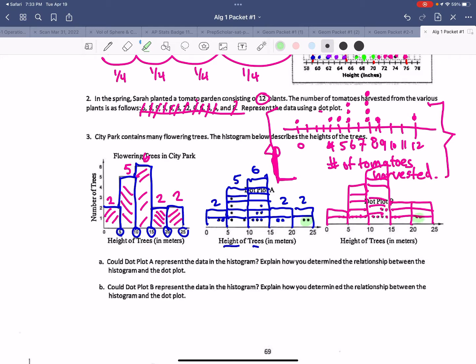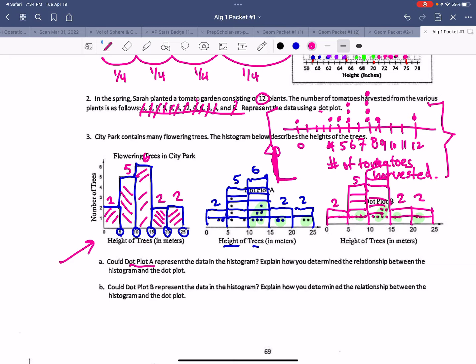Did you see here? This looks a little bit higher. This is laid out a little bit different. But in both dot plots, this could be because it matches the quantity in each bin. 6, 2, and 2. Okay. I made that 3 high, so I'm just going to fix that.